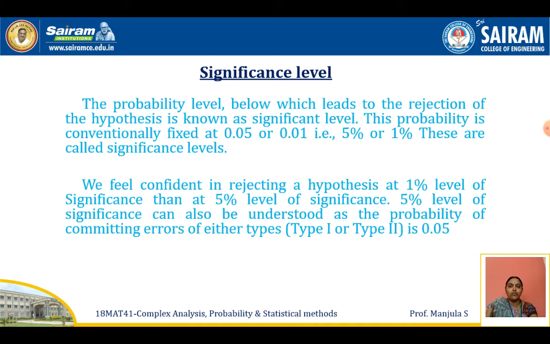We feel more confident in rejecting a hypothesis at 1% level of significance than at 5% level of significance. 5% level of significance can also be understood as the probability of committing error of either type 1 or type 2 error is 0.05. So usually we prefer the 1% level of significance compared to 5% level of significance.